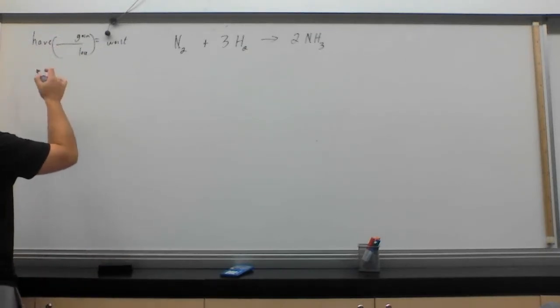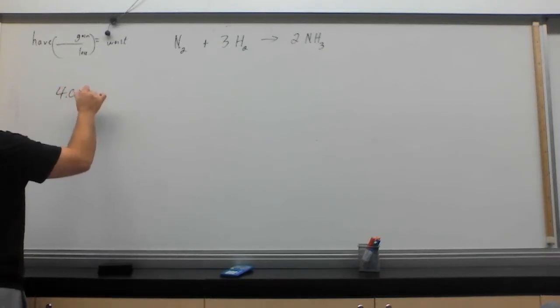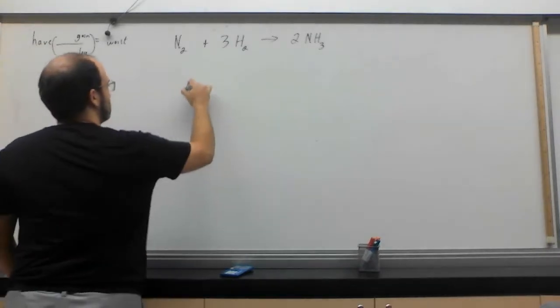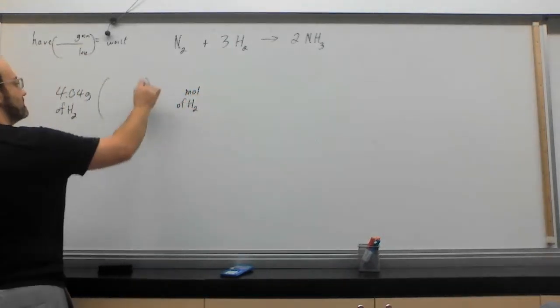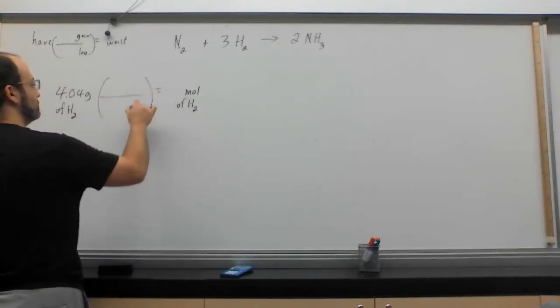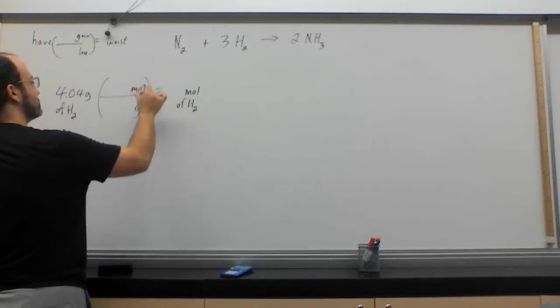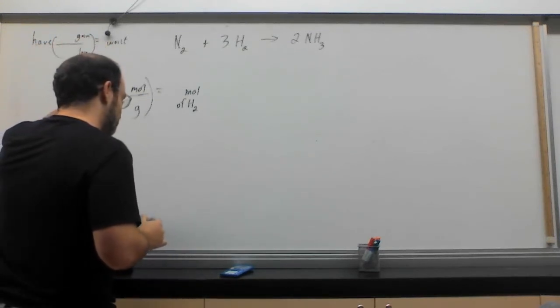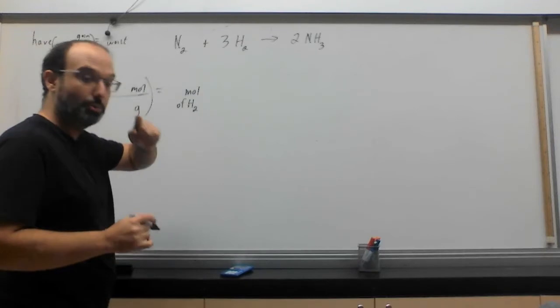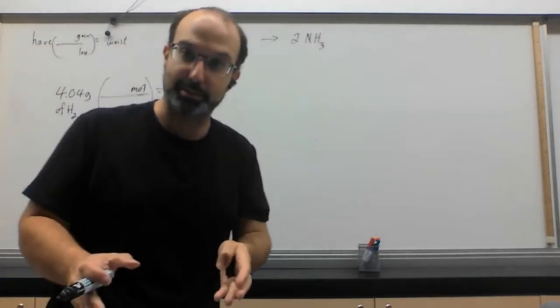So we set it up, and we're going to get 4.04 grams of H2. Now we're going to want moles of H2. Set it up. We're going to lose grams. We're going to gain moles. And now I've got to remember what numbers to put here. I'm turning grams to moles. That means I need to use the molar mass, which means I need my periodic table of the elements.